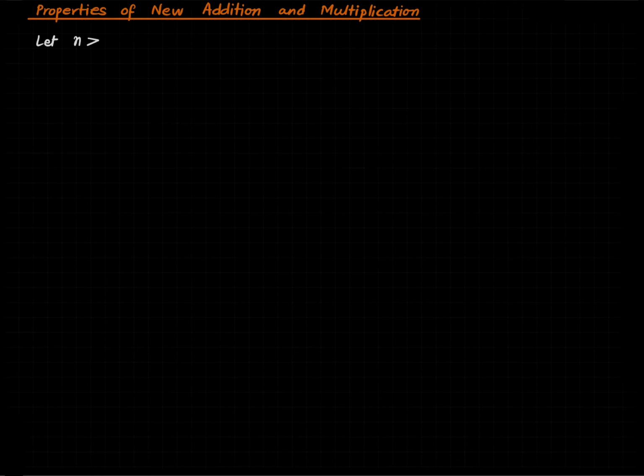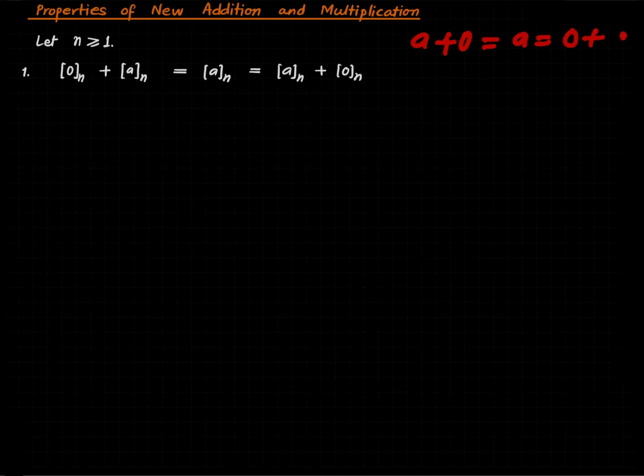And now the first property, 0 plus a, the equivalence classes, they sum up to just the equivalence class of a. Trivial. So the equivalence class of 0 just behaves like the 0 of the integers. If you take an integer a and you add 0 to it, you get back a, and it doesn't matter in which order you add. So the equivalence class of 0 just behaves like 0 in this new, folded world.